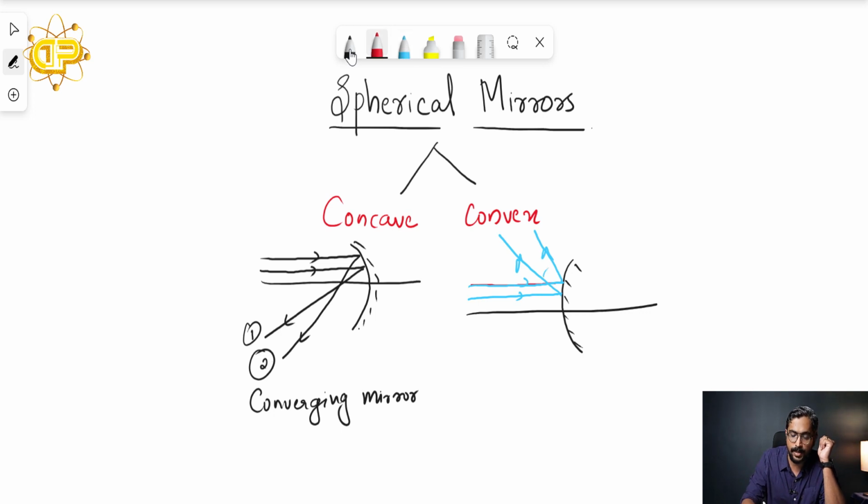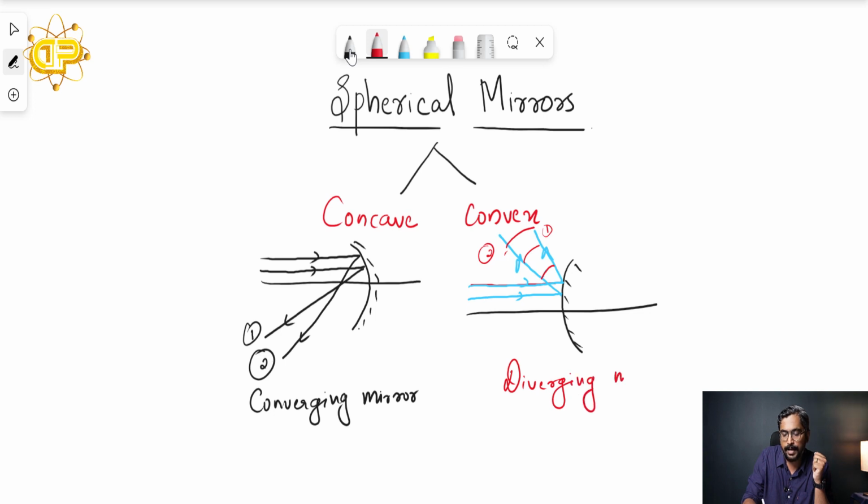The distance between these two rays will become larger. That is, they are diverging. They will not come closer. This is reflected ray 1, reflected ray 2. So we call the convex mirror a diverging mirror.